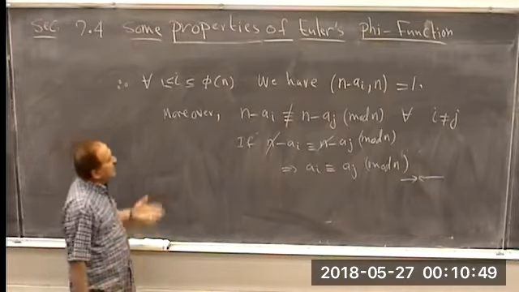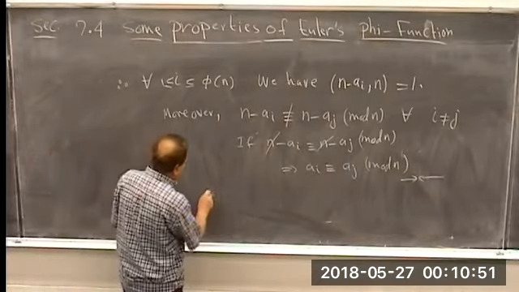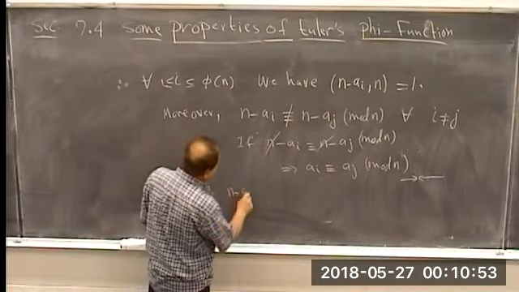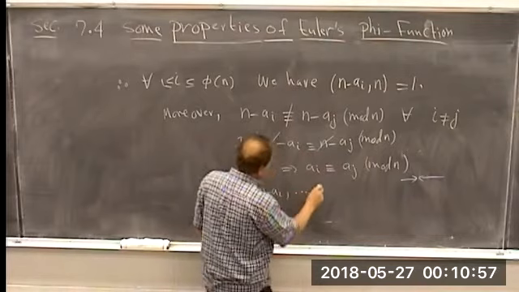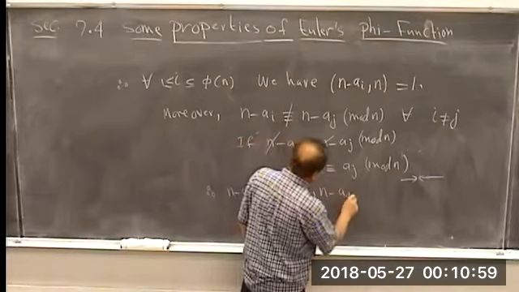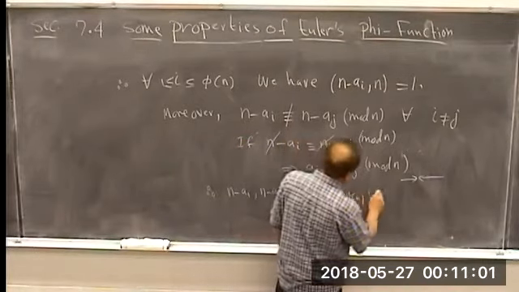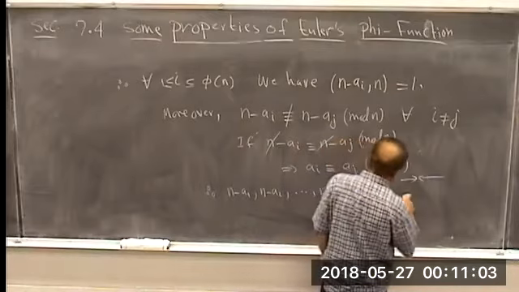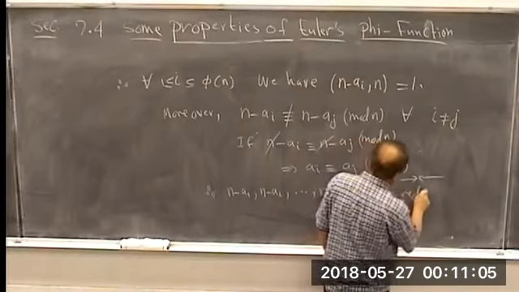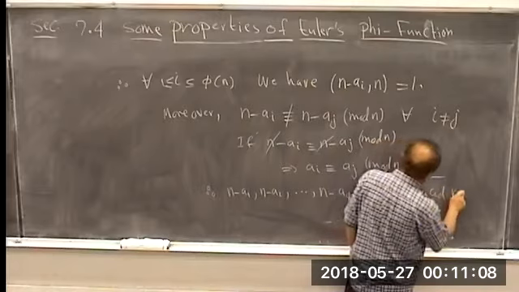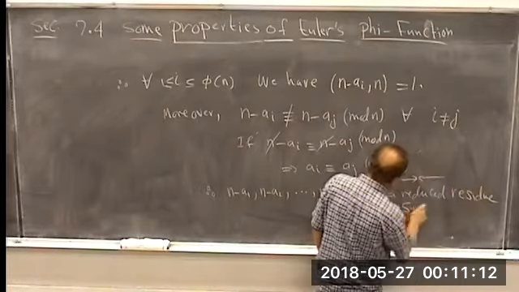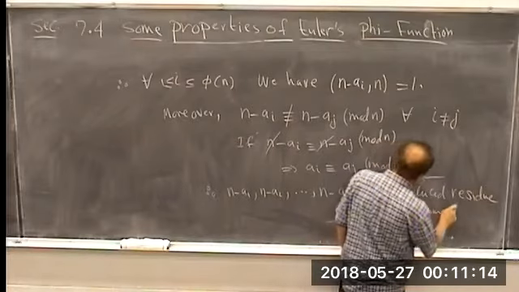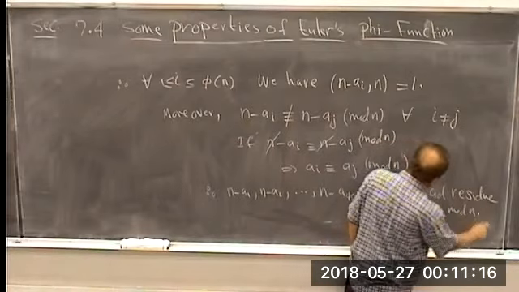So the net result is that n minus a1, n minus a2, up to n minus a sub phi of n is a reduced residue system mod n.